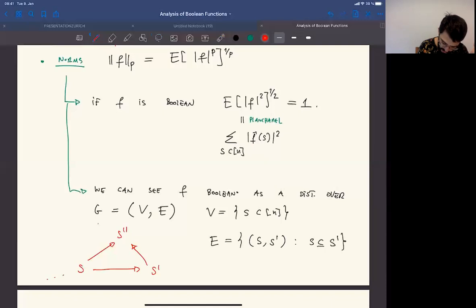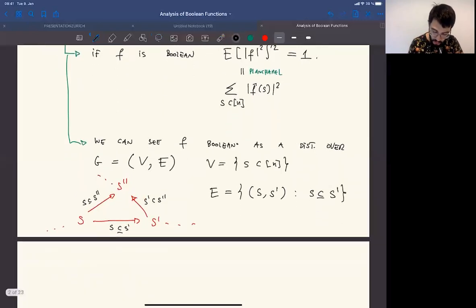The drawing you should keep in mind is something like this, where S is contained in S prime, S prime is contained in S2 primes, and S is contained in S2 primes. You draw the arrows pointing up, so it's a directed graph, there is a direction to the edges.